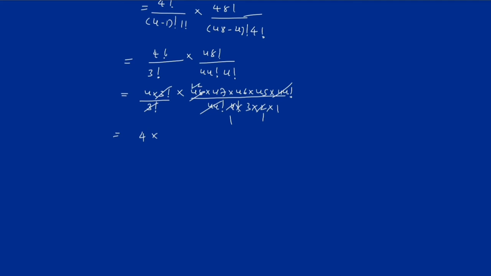So 2 ones are 2, 6s are, which is equal to 6, 47, 46, 45. Now multiplying this, what do we get here? Total 7 lakh 78,320 ways, right? It is our required number of ways we can choose 5-card combinations out of a deck of 52 cards if there is exactly one ace in each combination, right?